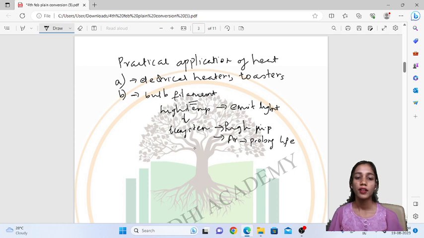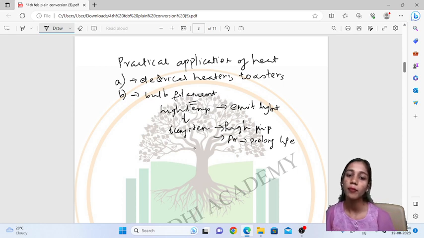So in the bulb filament, the heating application is used, wherein the filament should be heated to a very high temperature to emit light, or else it won't be able to emit light. For that purpose, the filament should be of a material which has a very high melting point.